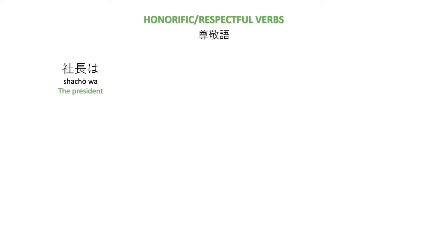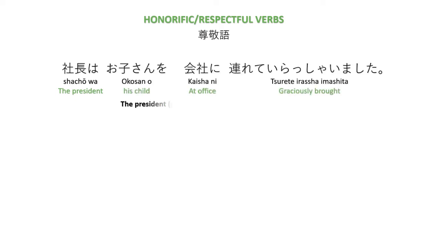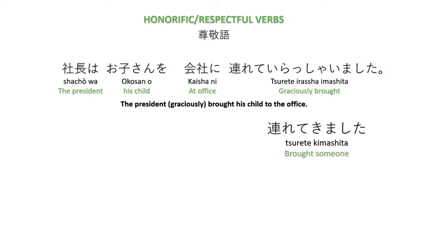Another example. 社長はお子さんの会社に連れていらっしゃいました. Okay, so this is the example of those verbs that we have just mentioned. So, the president graciously brought his child or his children to the office.